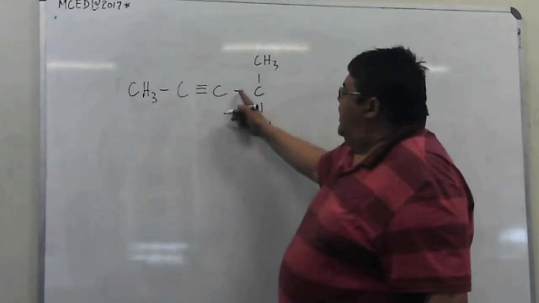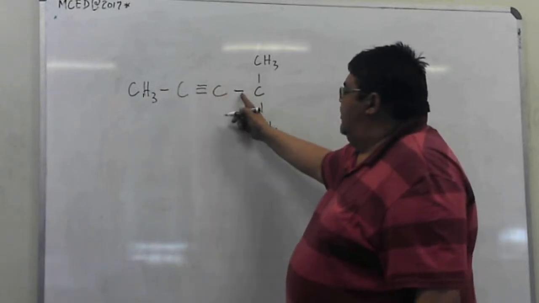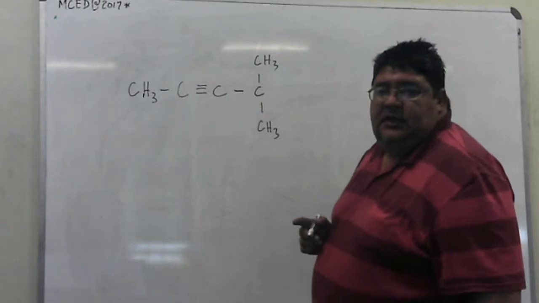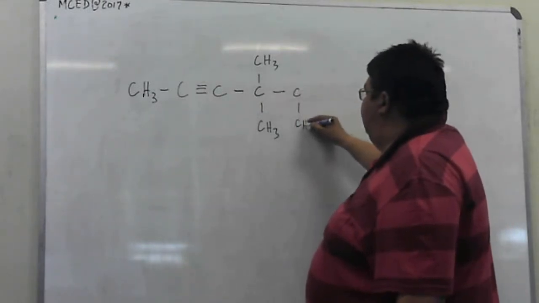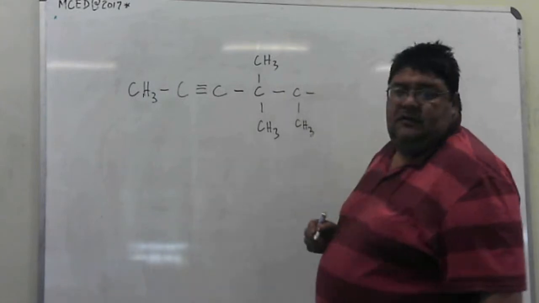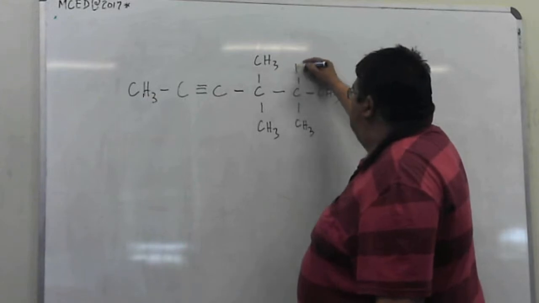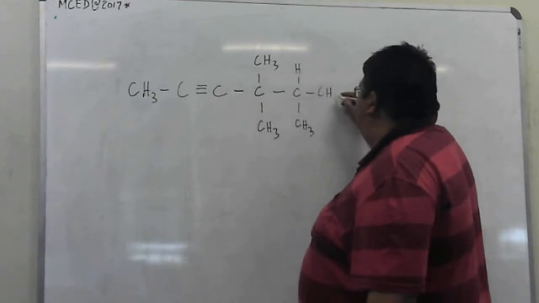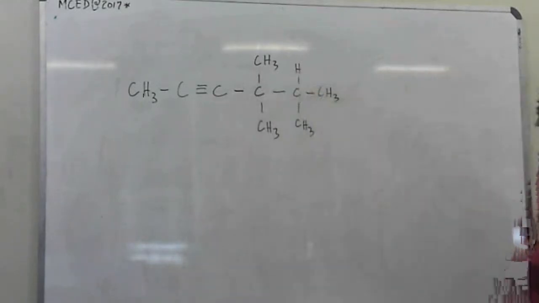So I can't have any more attachments over there because of that triple bond. Then on the next carbon there's another CH3, and then there's a CH3 over there and an H over there. So all I've done is move those to make the molecule more scientifically correct.